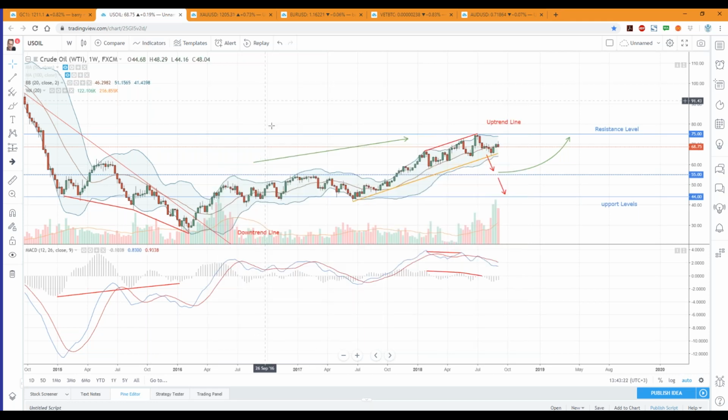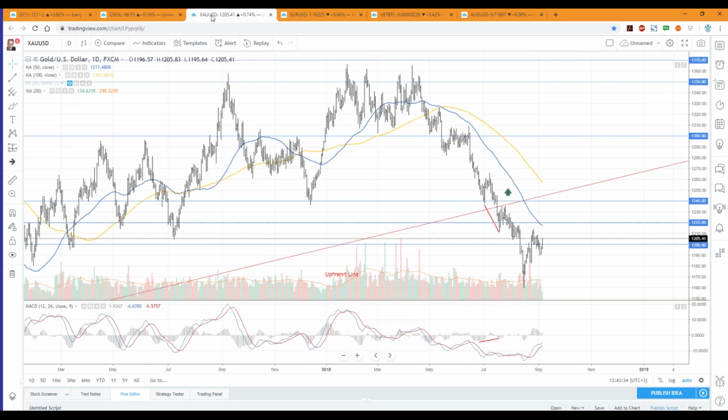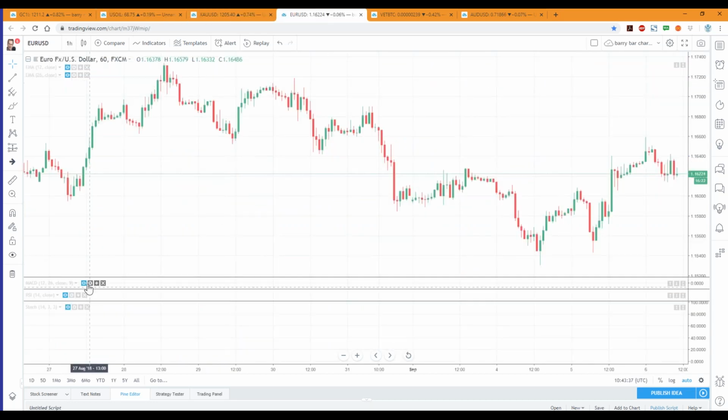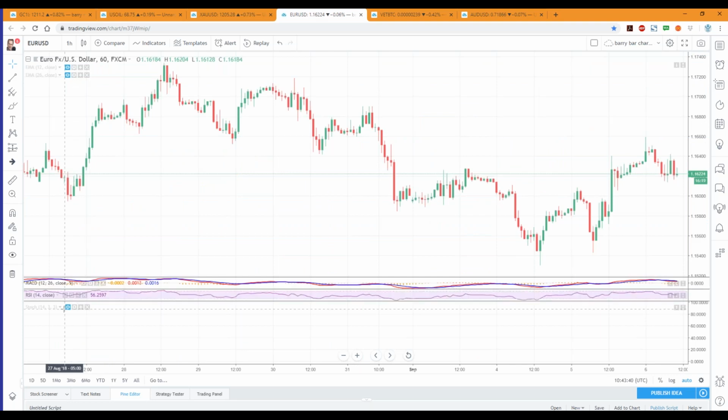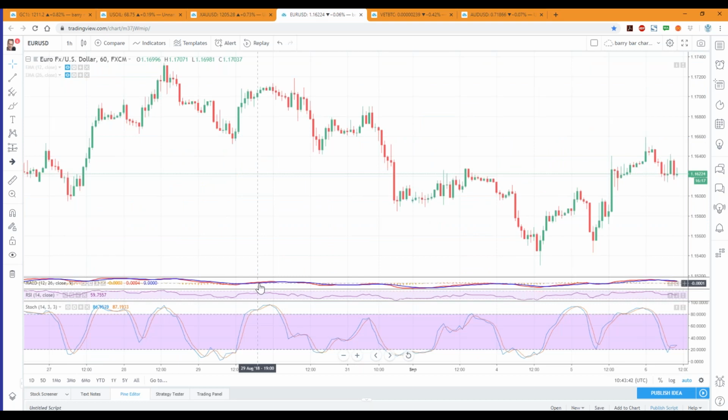Now, the oldest are the most popular because they've withstood the test of time. Like MACD, Bollinger Bands, RSI, stochastics are the most well-known of all indicators. And you can use all of them or any of them in combination, depending on what type of trading strategy you want to have.